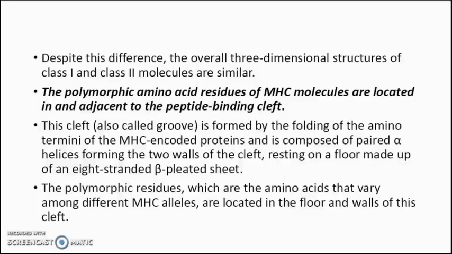This cleft, also called groove, is formed by the folding of the amino termini of the MHC encoded protein and is composed of paired alpha helices, forming the two walls of the cleft, resting on a floor made up of an 8-stranded beta-pleated sheet. The polymorphic residues, which are the amino acids that vary among different MHC alleles, are located in the floor and walls of this cleft.